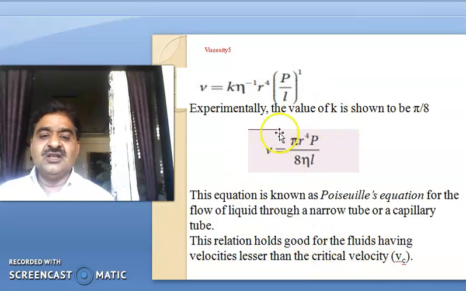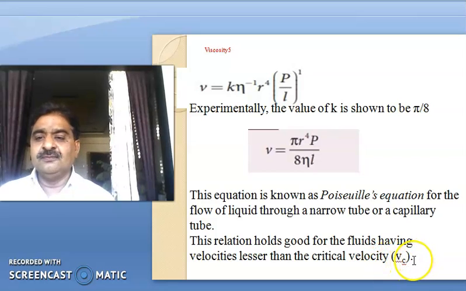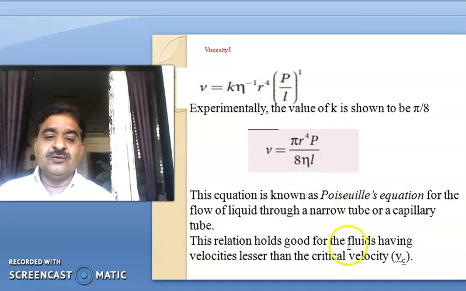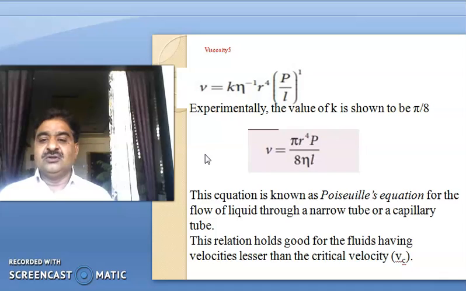Hence, this relation holds true only for fluids having velocities lesser than the critical velocity. Remember this.